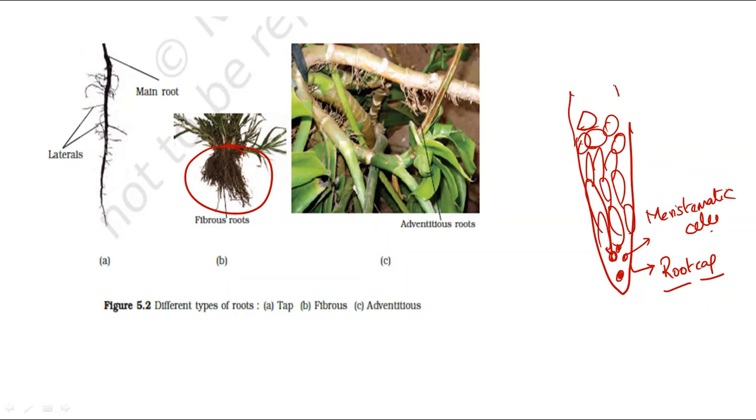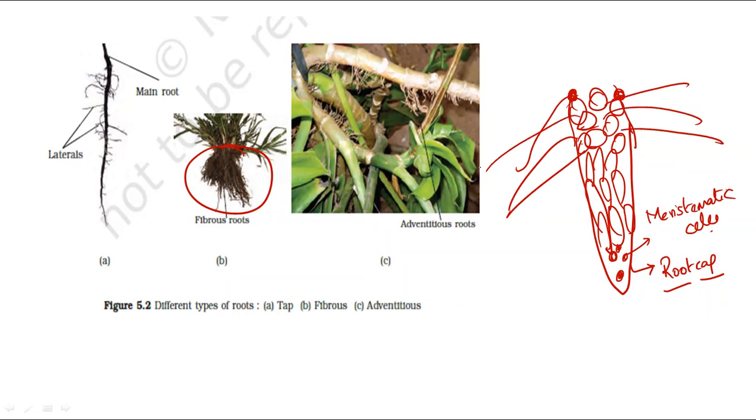Once they have matured, they cause the epidermal cells to give root hair. So what did I tell you? There is a root cap, then there are meristematic cells which elongate. Then we have them becoming matured. Then you have root hairs coming out from the epidermal cells.